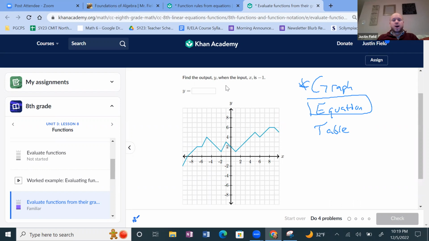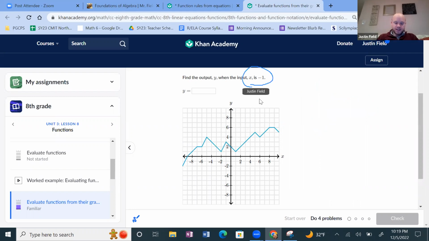Find the output y when the input x is -1. So the input x is -1 where? This is the x-axis, and -1 is there. What is the y value of the function at -1? We go up to the function and notice that it is at 3. So this function has a point on it of (-1, 3).